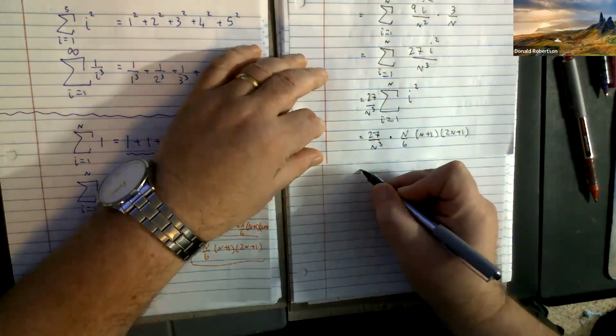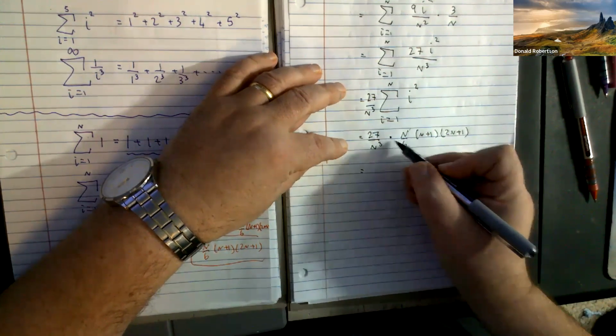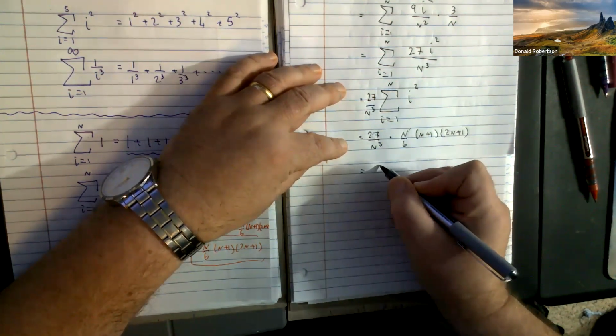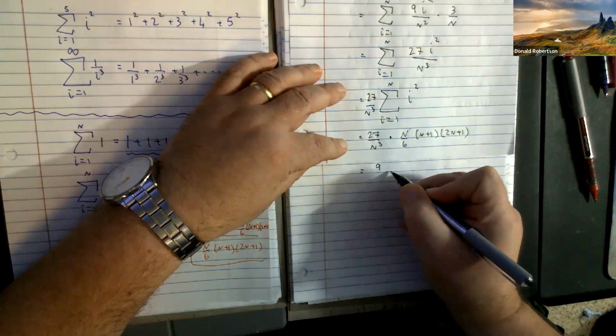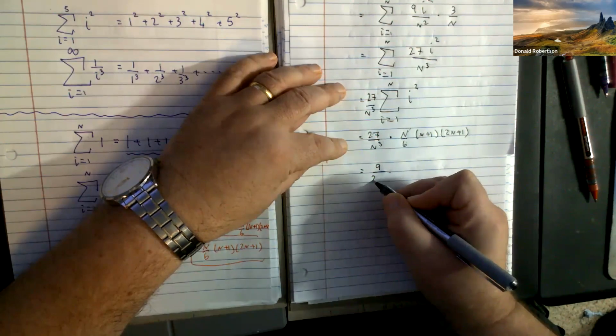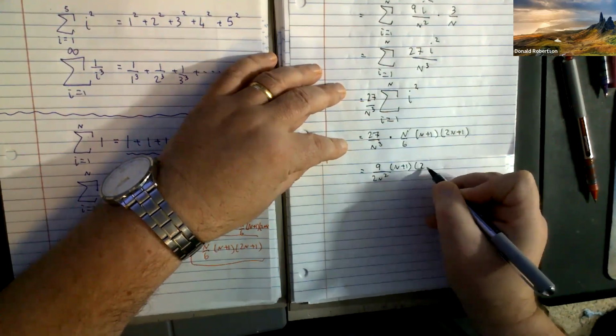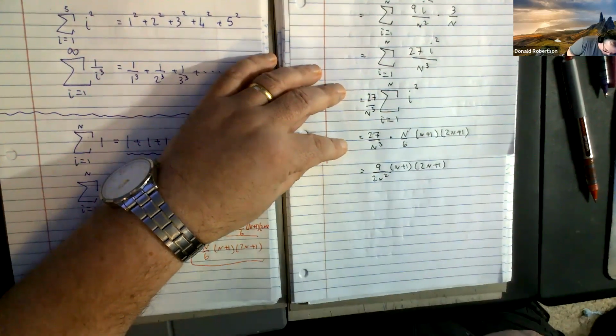Now I can do a bit of cancelling. An n can cancel with an n, a 6 can cancel with part of that guy. So what do I get? I get a 9 left. I get 3. I get 2n squared left. I get an n plus 1. And finally, I get a 2n plus 1.